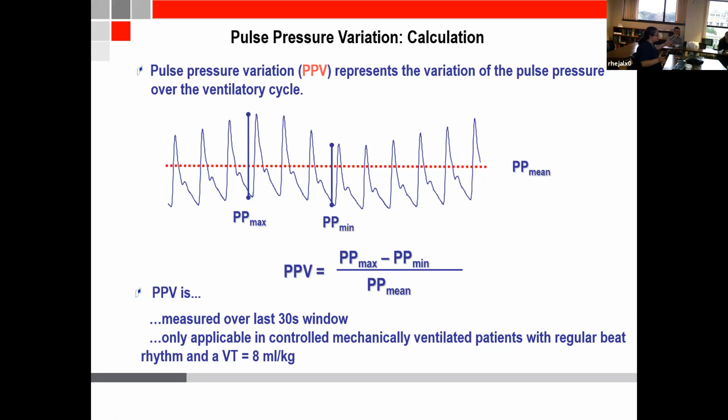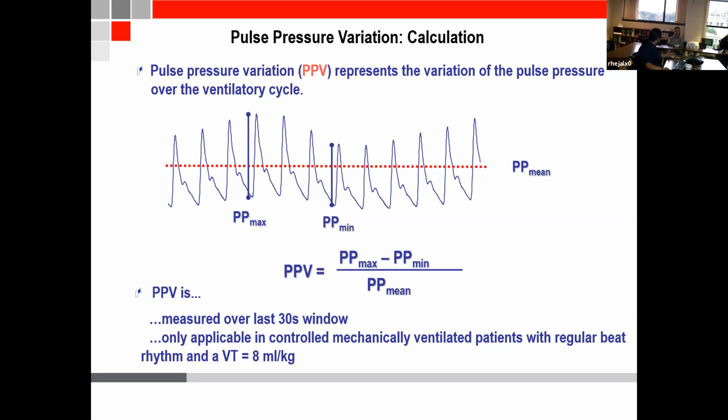Because the ventilator, just by changing the intrathoracic pressure, is actually decreasing somebody's pulse pressure. But for this to be valid, the ventilator has to be at a reasonable target volume, which is about 8 cc's per kilogram. So in those patients who don't have severe ARDS, who can afford a higher target volume that you can keep in there, this would be a valid tool.